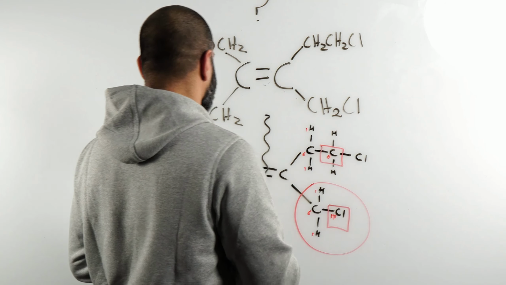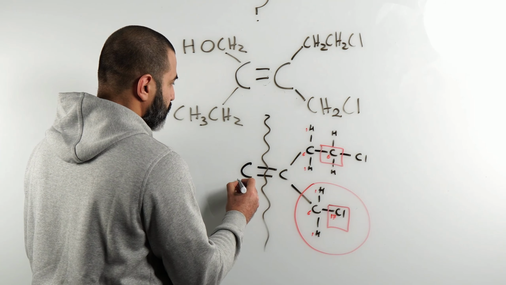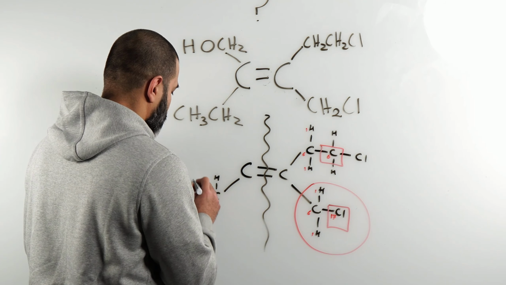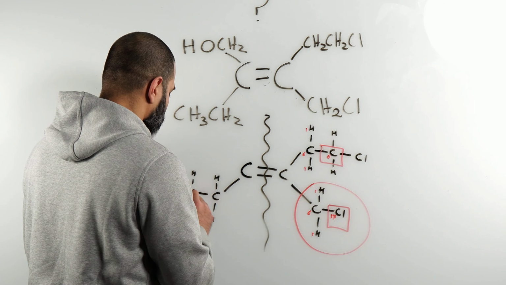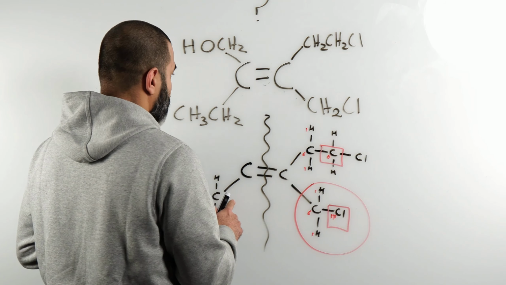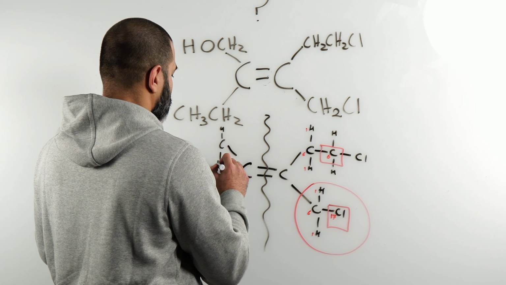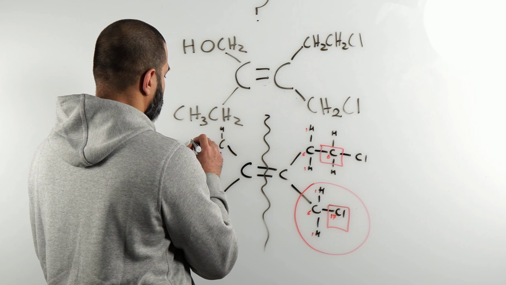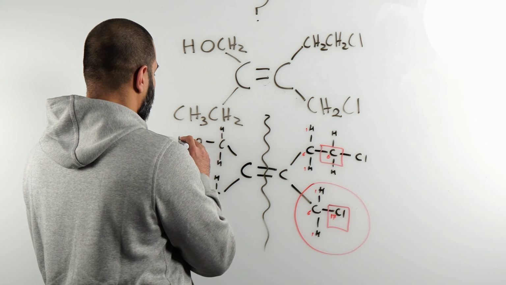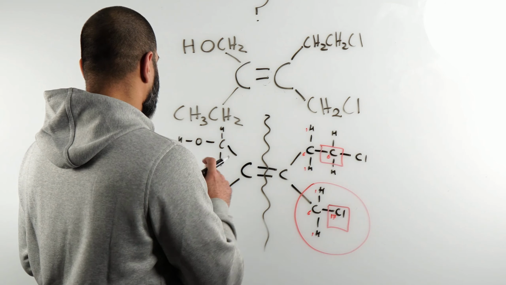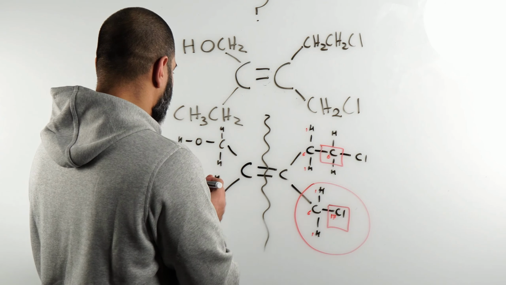Let's have a look at the left-hand side of the molecule. So, we've got CH2, CH3, okay, and at the top we've got CH2, OH. Okay, so let's have a look for points of difference.